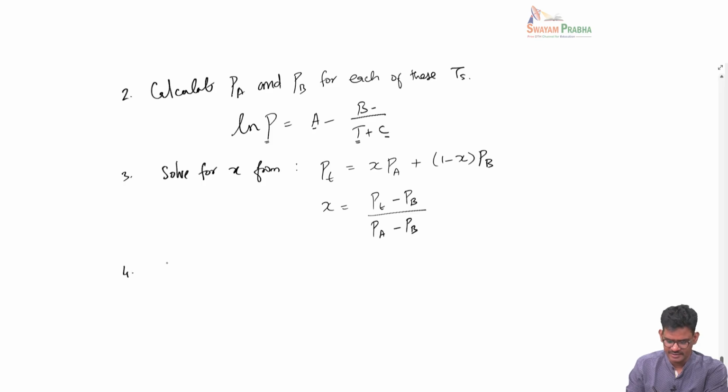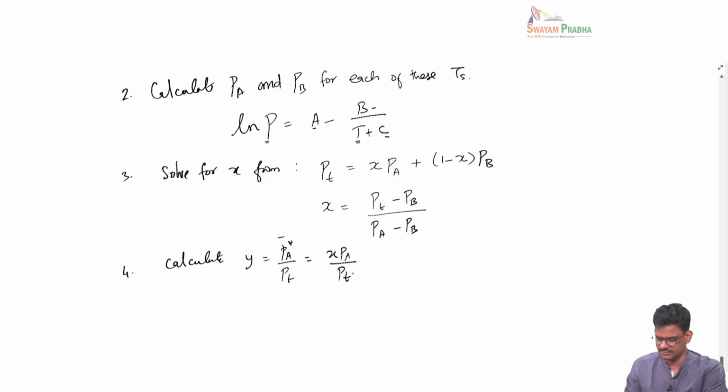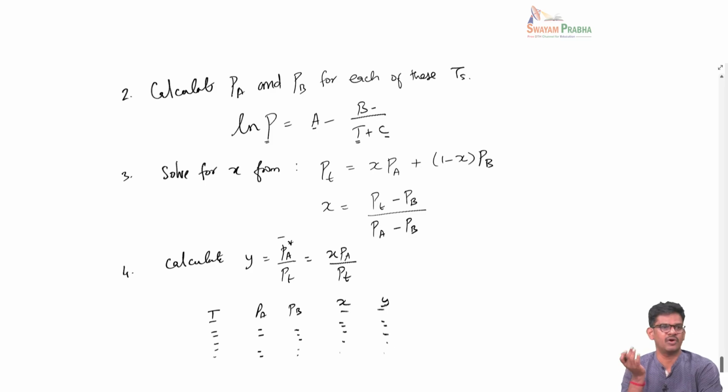Once you know x, you can calculate y from PA star by PT, which is nothing but x times PA by PT. Again, you can do this for all the temperatures. Essentially, you have chosen a range of temperatures, got PA and PB for each temperature, then got x, and then y. So now I have Txy, and I can plot Txy, or I can plot xy also.